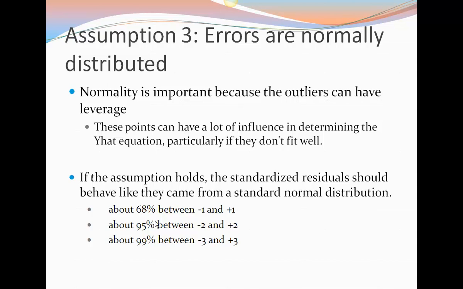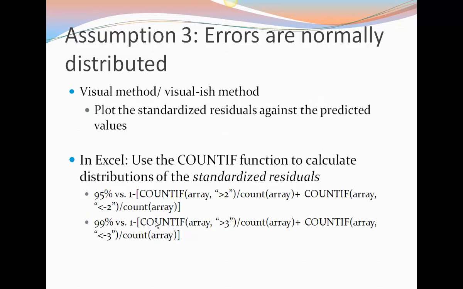So 68% of the standardized residuals should fall between -1 and +1, 95% should fall between -2 and +2, and 99% should fall within -3 and +3. So for my visual or visual-ish method, I plot those standardized residuals against my predicted values, and I check with that COUNTIF function: do 95% fall within -2 and +2? Do 99% fall within -3 and +3? So I can examine that.